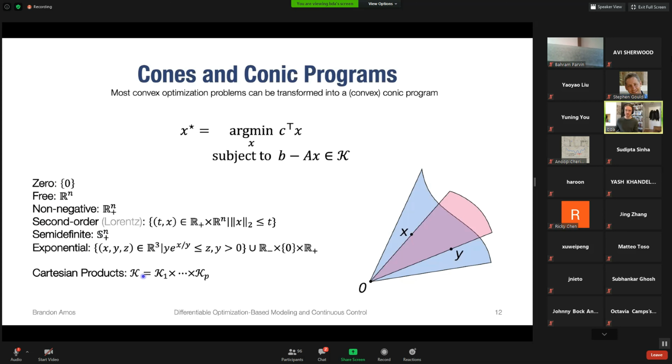And you can take Cartesian products of cones. So these are really powerful representations of convex optimization problems, and the nice tools that we have for convex optimization, like CVXPy and this family of languages, provide a really nice way of automatically transforming optimization problems into this conic form.